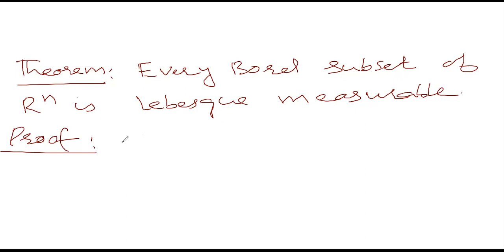The sigma algebra generated by the open subsets of R^n; the members of that sigma algebra are called Borel sets.